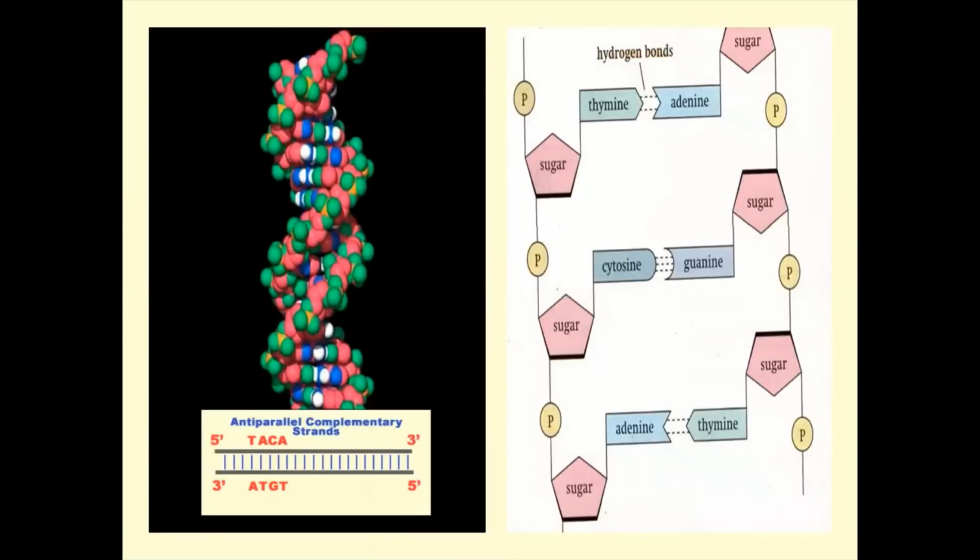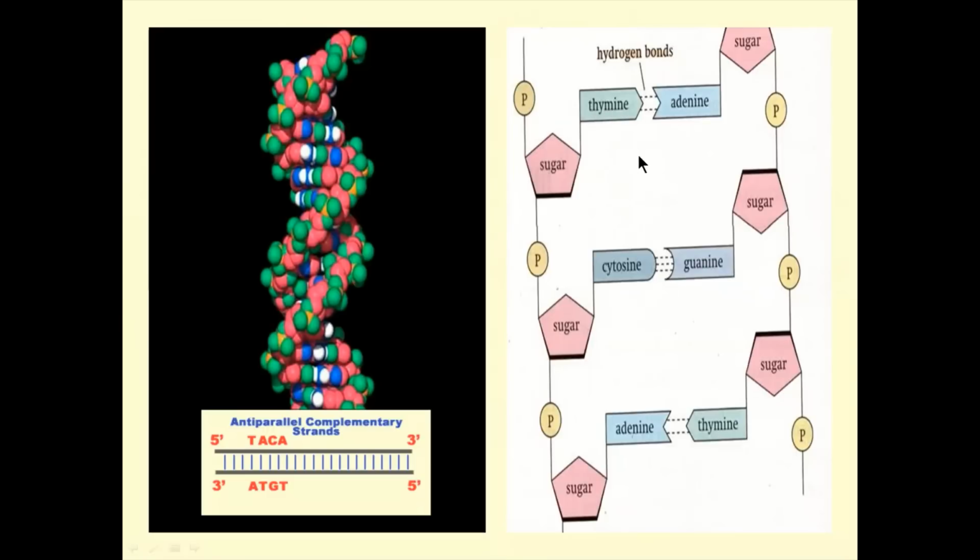Okay, so this slide depicts the structure of DNA. DNA is made up of two strands wrapped around each other. We call this a double helix. A single strand of DNA is made up of nucleotides, which consist of phosphate, sugar, and nitrogenous bases projected inside.